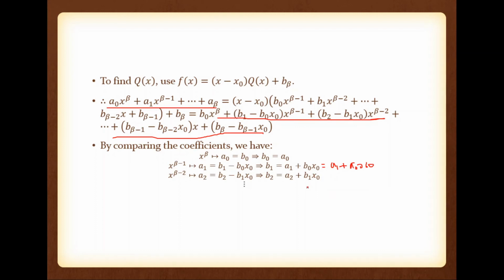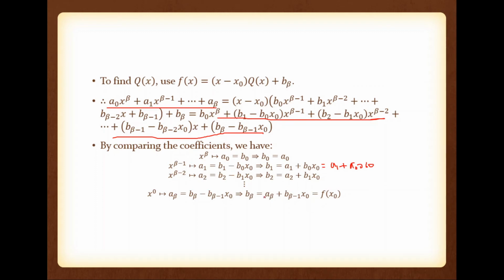After comparing the coefficient of x0, we have a beta equal to b beta minus b beta minus 1 x0, that is this term. So from that we have b beta is equal to a beta plus b beta minus 1 x0. Okay, so please note that.